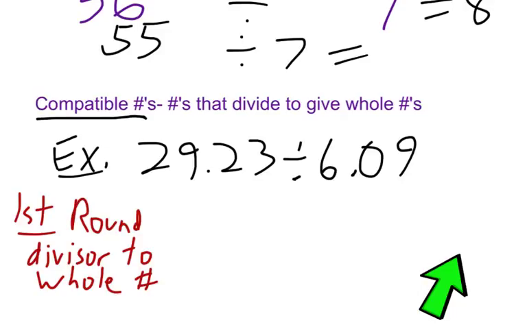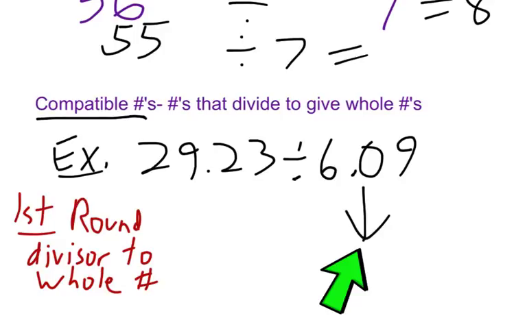So the first thing we're going to do is round that divisor to a whole number. And our divisor is the 6.09. So that would be rounded to 6.